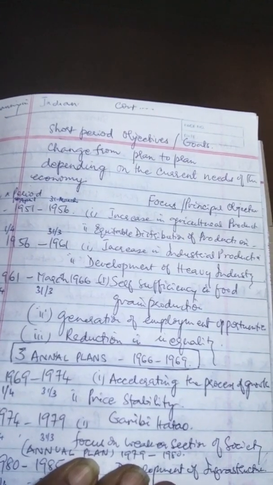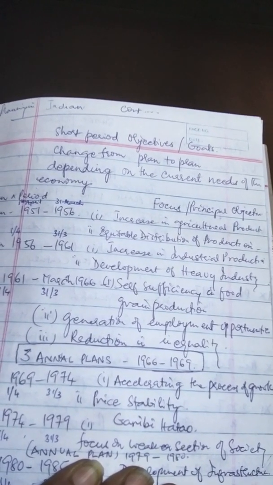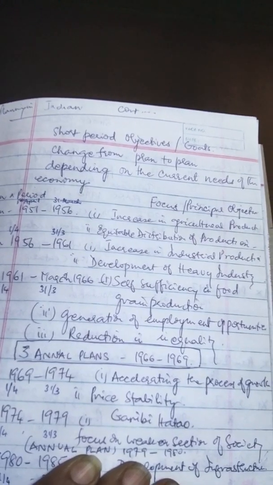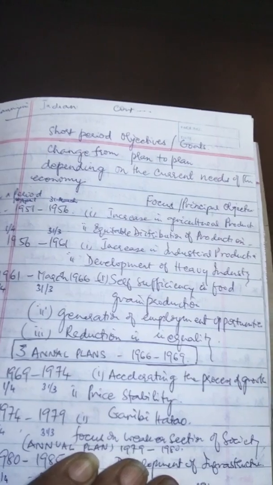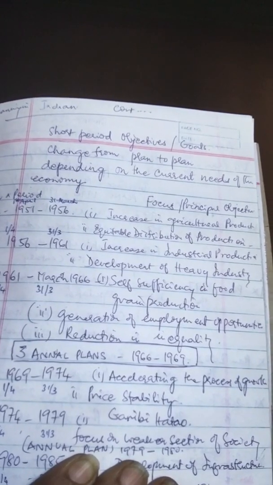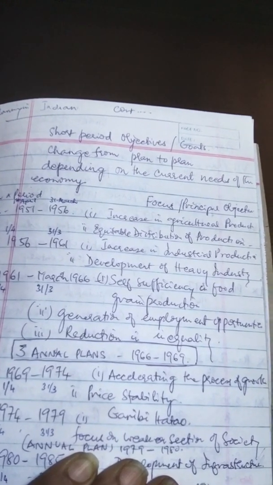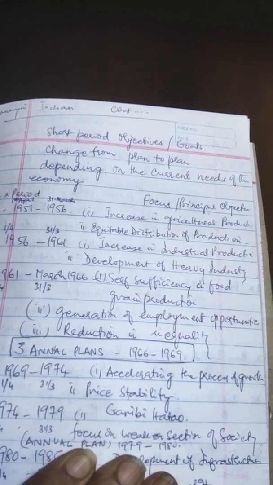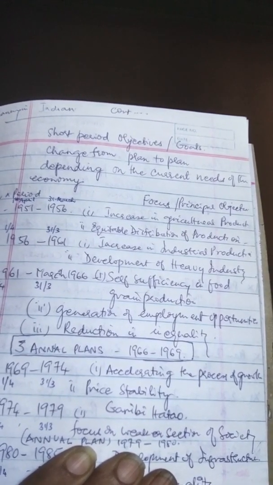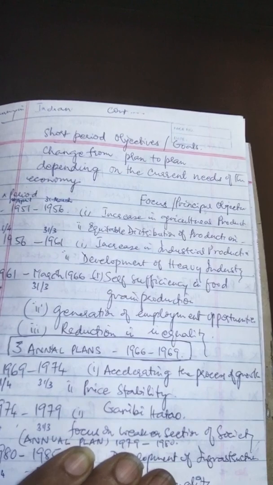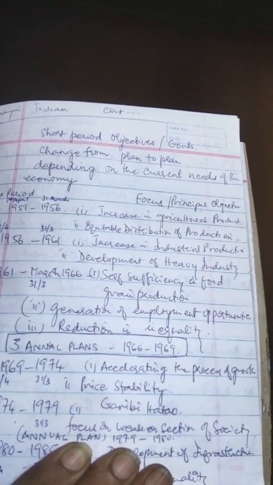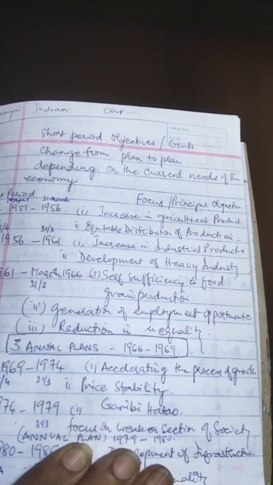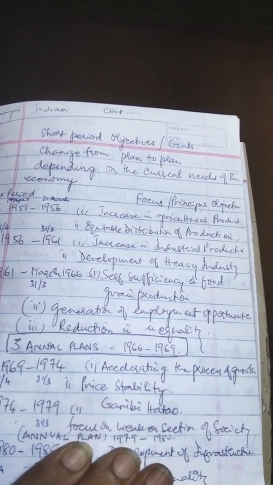Second plan, April 1 1956 to March 31st 1961, it was increase in industrial production. And the third plan, April 1 1961 to March 31st 1966, it was generation of employment opportunities and of course self-sufficiency in food grain production.